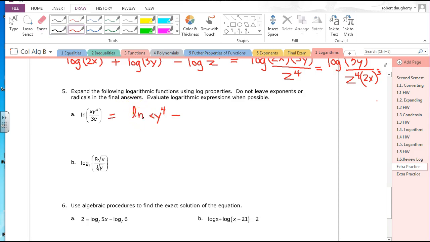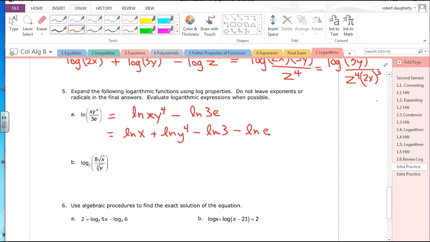Natural log of xy to the 4th minus the natural log of 3e. So that is the natural log of x plus the natural log of y to the 4th minus the natural log of 3 minus the natural log of e.